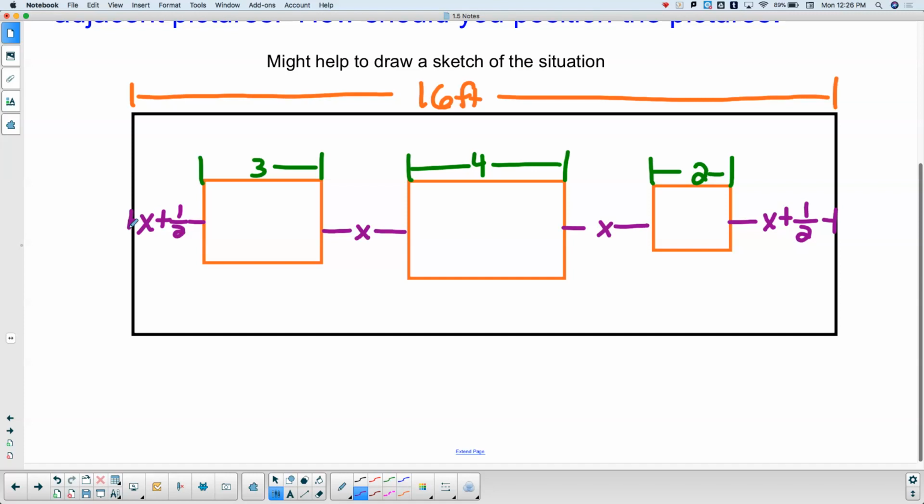Is there some other way that we could come up with an equation based off of what we see in front of us?